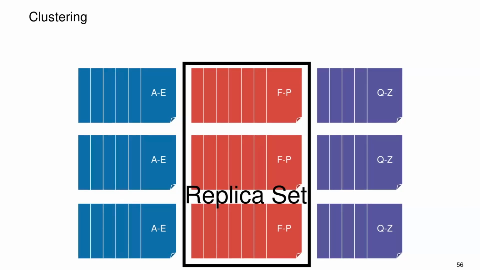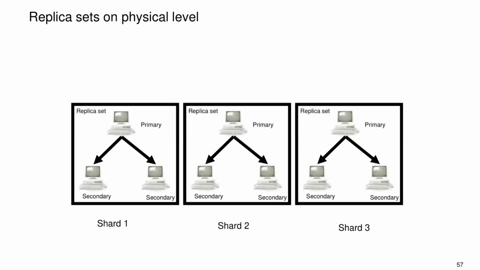So imagine you want to insert a document that starts with the letter D, right? The key based on which it's partitioned. So if the key of the document you want to insert, the value starts with D, you know it's the first one. So what's going to happen is that you will connect to shard 1, to the primary machine of shard 1, and then it propagates to the secondaries of shard 1.